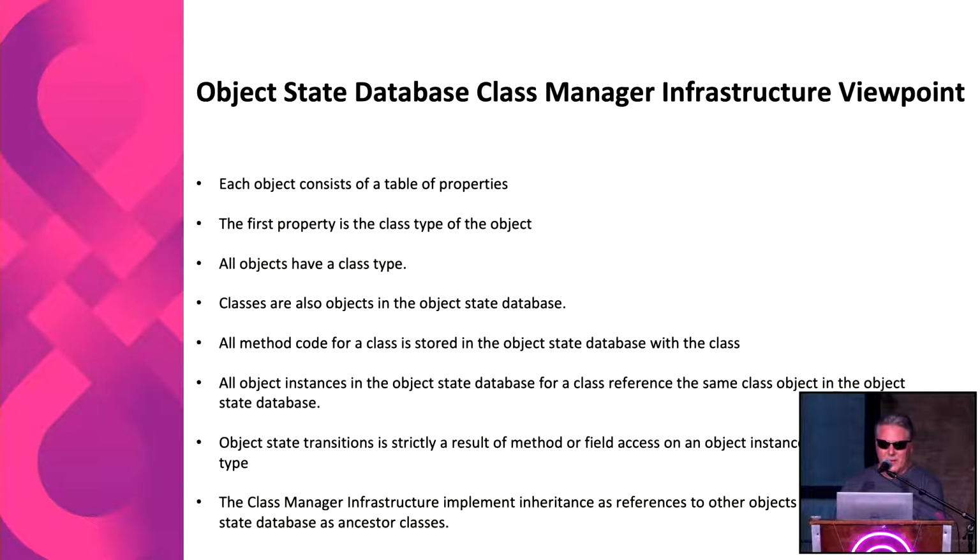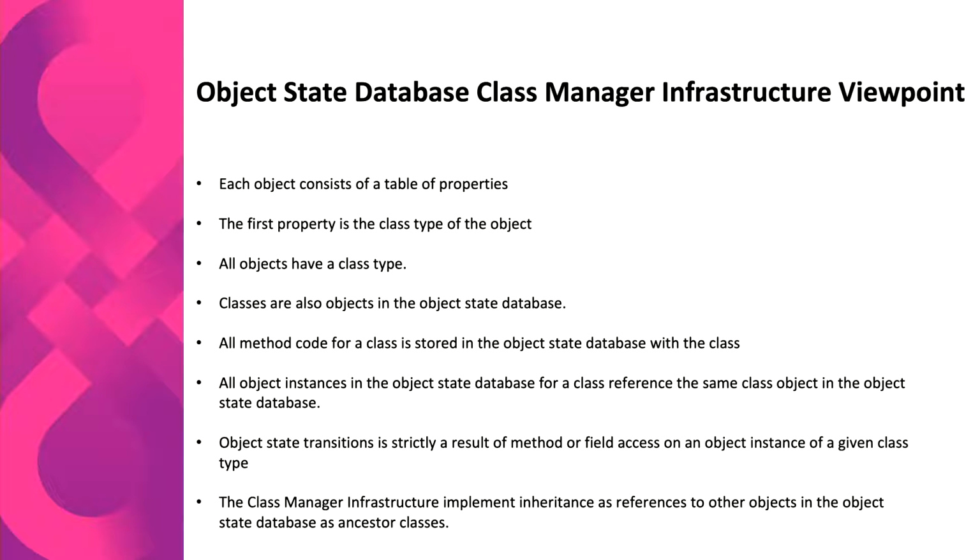But here's where things get a little interesting. The first property of every object, always, is the type of the object. The type of the object, also known as a class, is nothing more than another object that just happens to be a class object. And by the way, you can make a meta class by having the class object have the type of another class and so on, and we actually do a meta model and a meta-meta model and actually a meta-meta-meta model to make it work, but that's details that are internal to it.